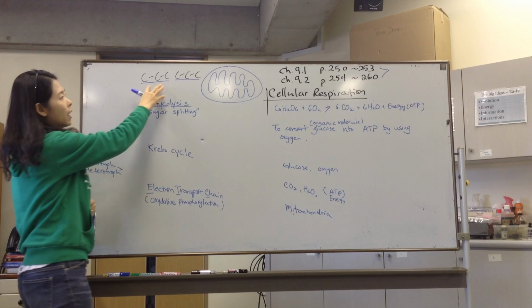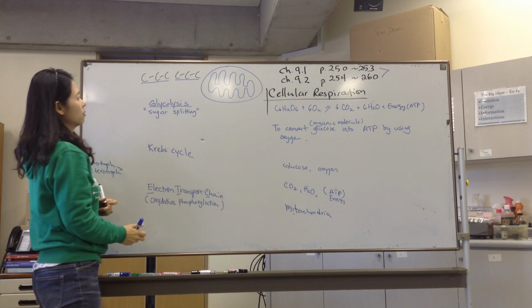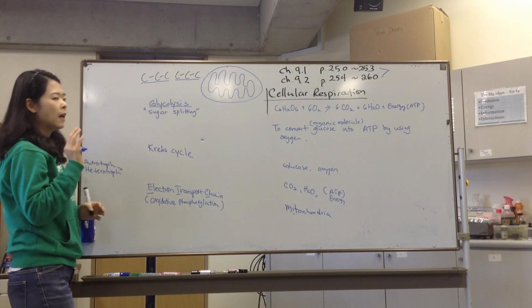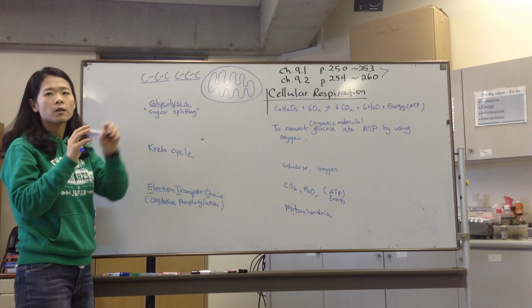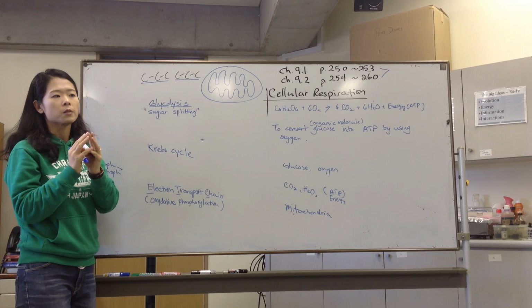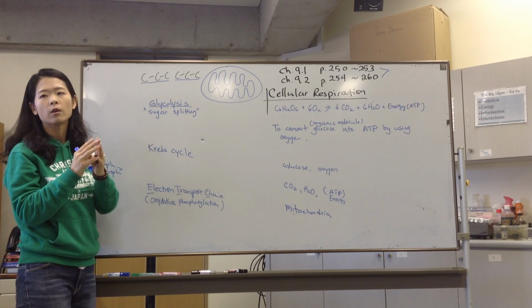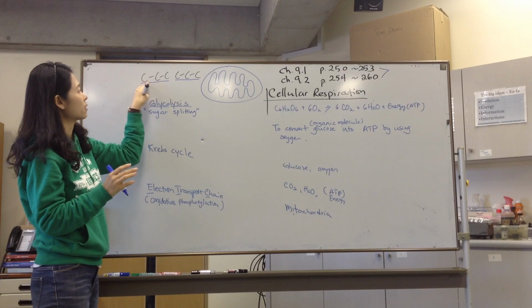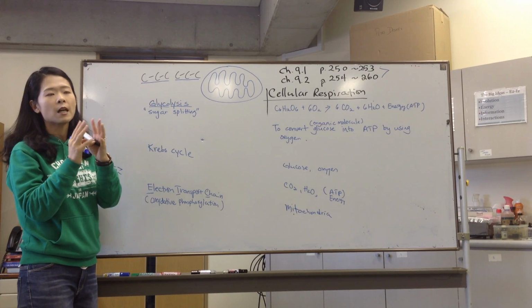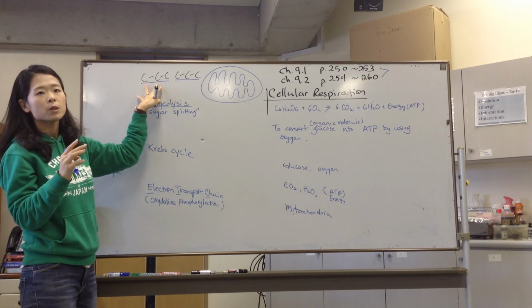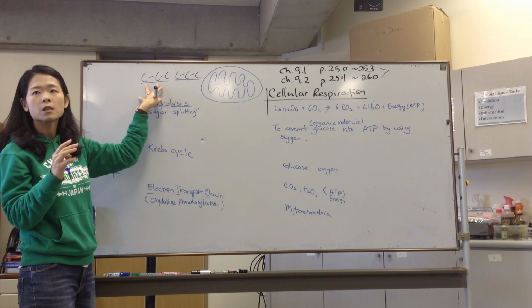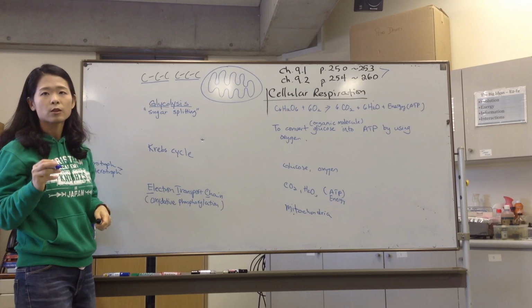Now before I move on with the rest, anytime the molecule is breaking down or is being cut in half or is splitting, anytime the bond is broken between the two C's, it will release electrons.